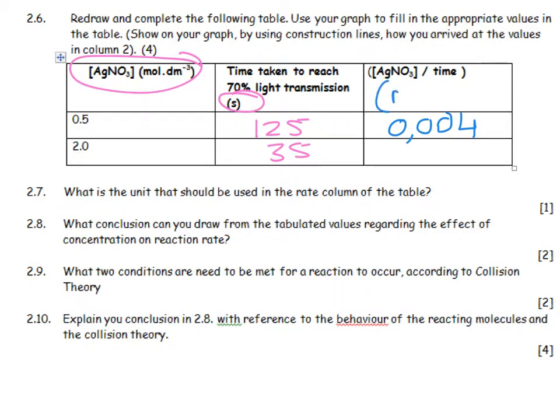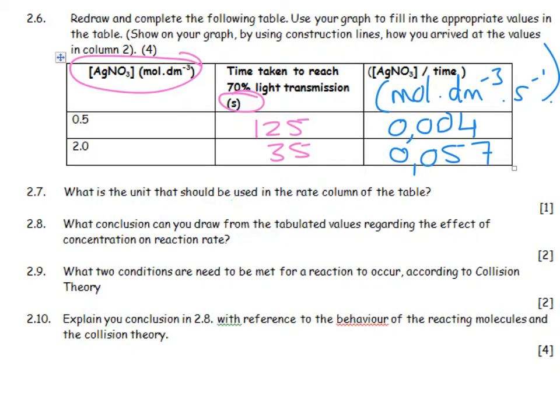They didn't give a unit, but you get it later, so I didn't mark it very strictly, but that should really have the unit in the heading over there, and this is 0,057 moles per cubic decimeter per second.